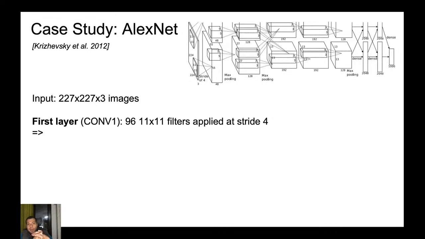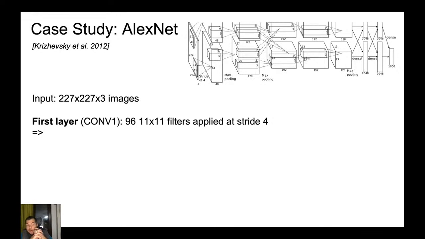This is the first name of the first author, Alex Krizhevsky. So the input here is 227 by 227 pixels. All images in ImageNet were resized to this input size, and they used color images. So the depth is 3.